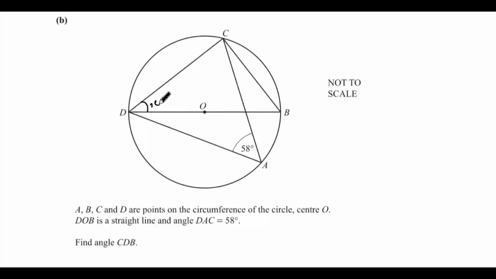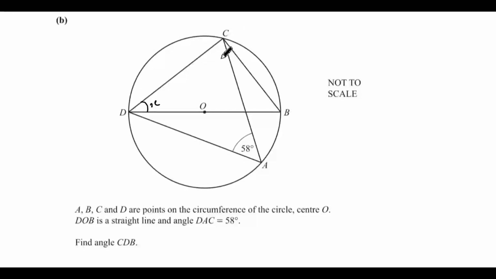So can you get this angle directly by using a theorem? Which theorem do we have here? If you look at this diagram, you see that we have arc CD here.